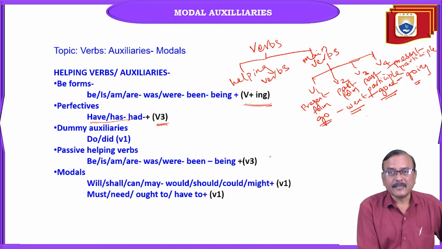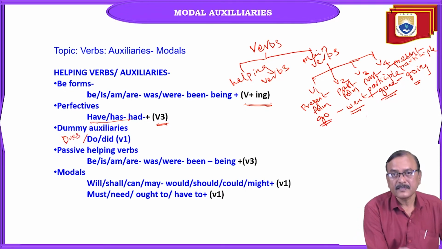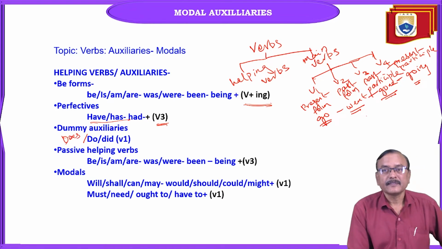And the dummy auxiliaries: do, did. Generally, in questions and negative sentences in the present and past tense, we use do or did. Even with the third person singular, we use does also. Does, do, did.